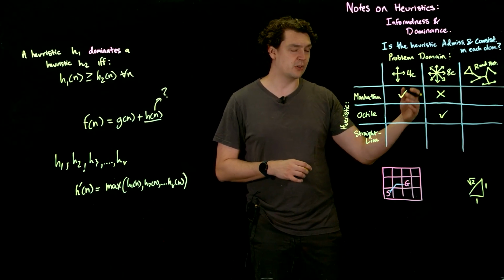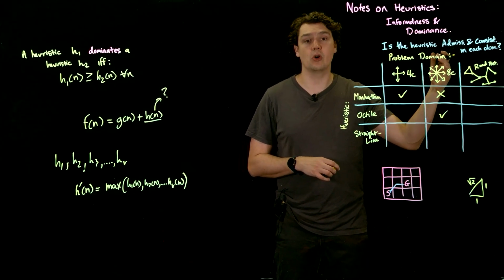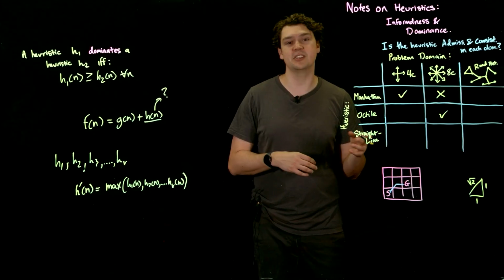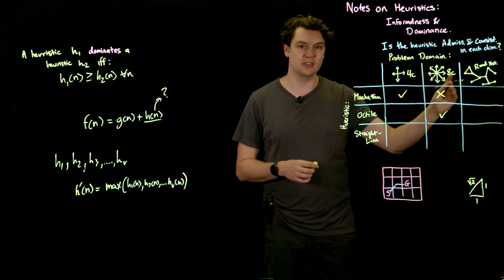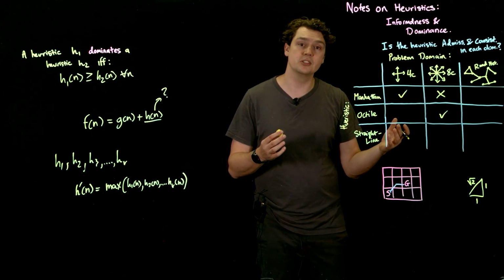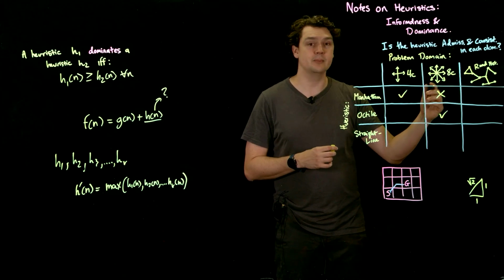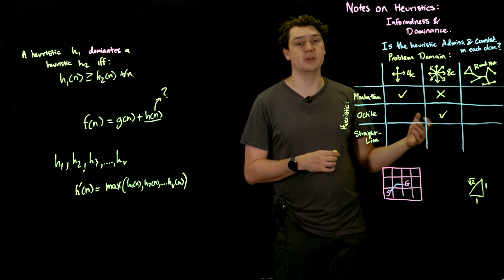So if we continue then across to this domain here, I forgot to talk about this. This is road networks. So another really common one, this is essentially our graph analogy. So you have a series of connections. We don't know how many other nodes you can reach from each other one, but it will just be equal to the number of edges, the number of outgoing edges from each position.